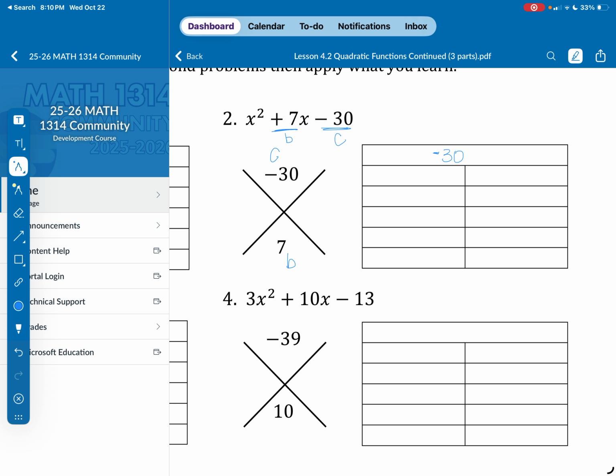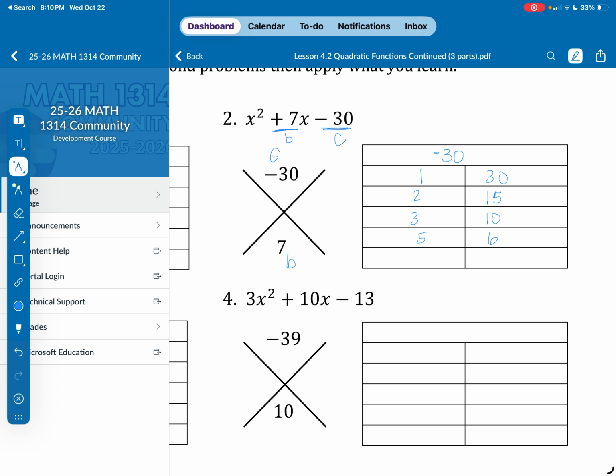One thing to know, though, I'm not going to mess with the negative signs right now, because if I'm multiplying to get a negative number, the only thing that changes is that one of the numbers I multiply together is negative. Okay, so the factors of 30 are obviously 1 and 30, 2 and 15. And remember, when I say factors, I mean what numbers can be multiplied to give me 30. I have 3 and 10, and then 5 and 6.